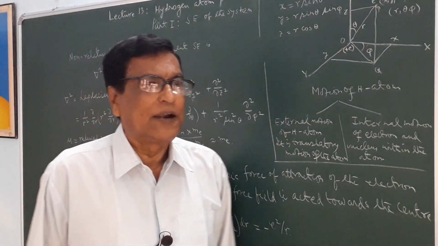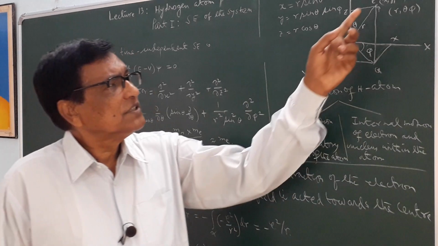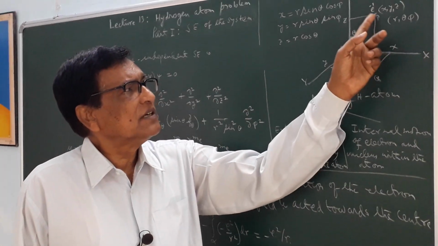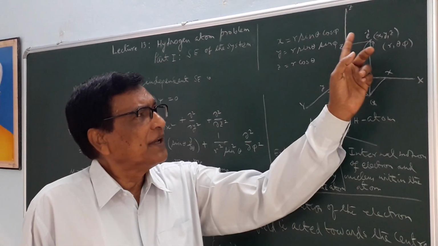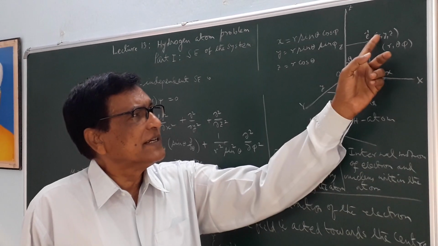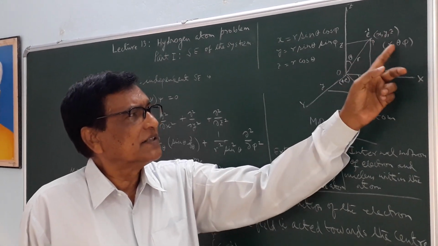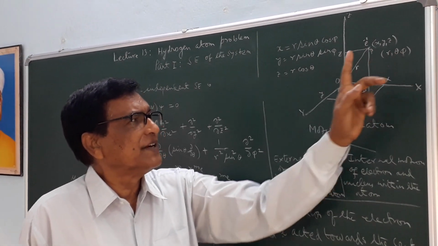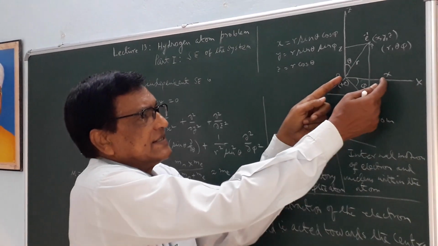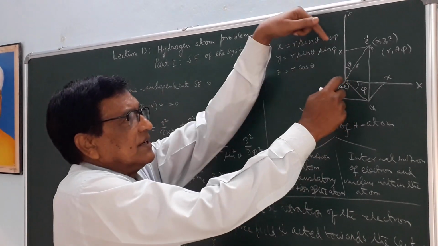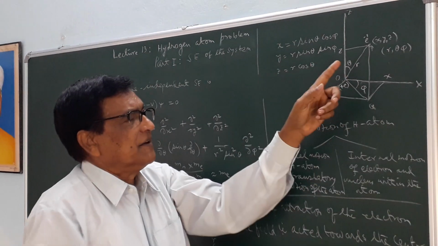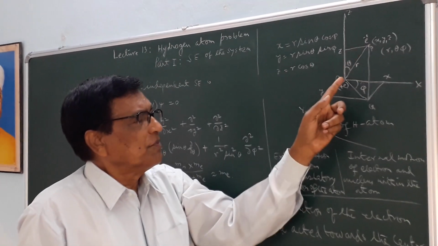So the position of the electron we can describe in terms of x, y, z Cartesian coordinates or r, theta, phi polar coordinates, and this one is x, this one is y, this one is z.